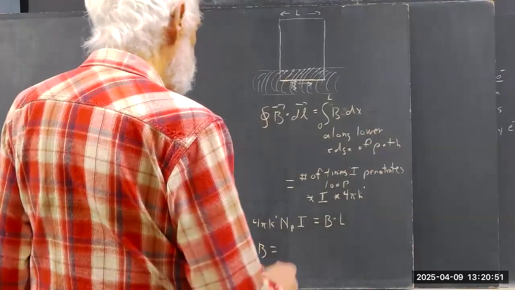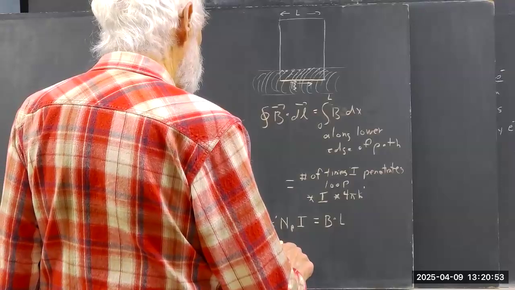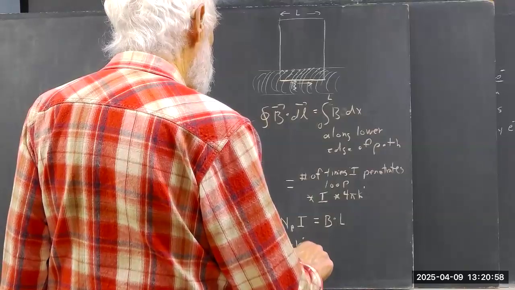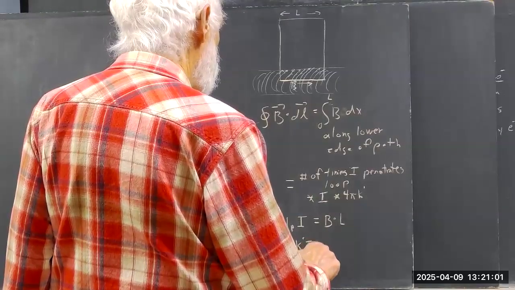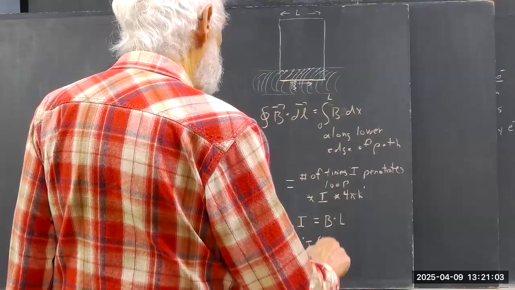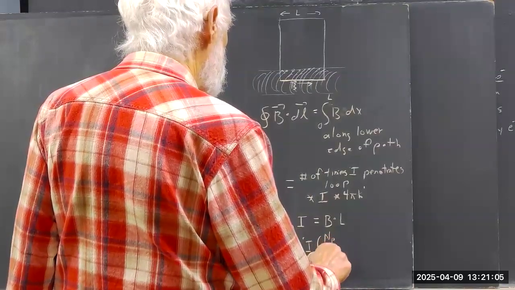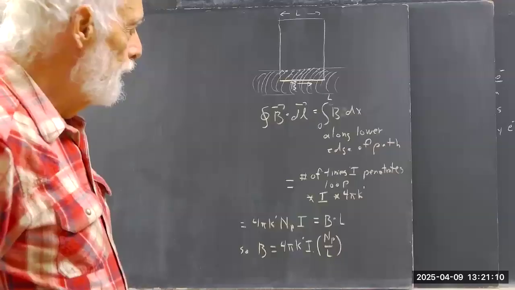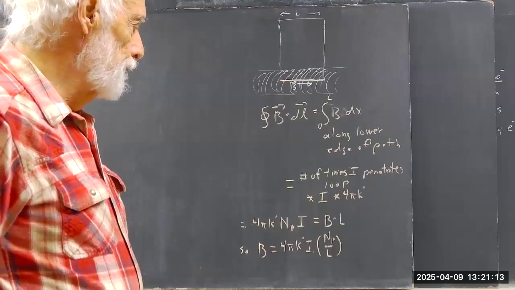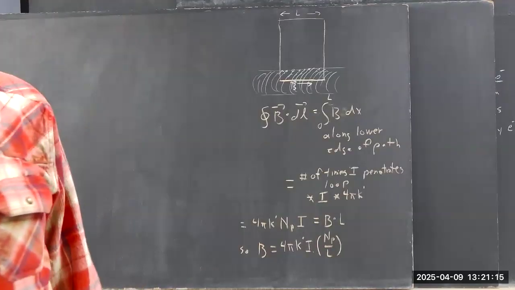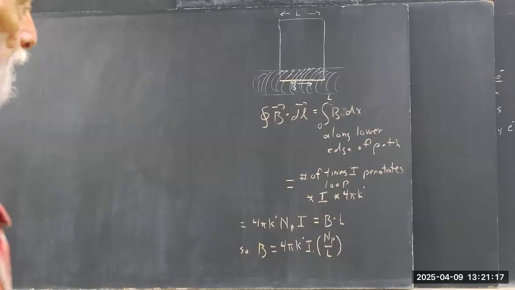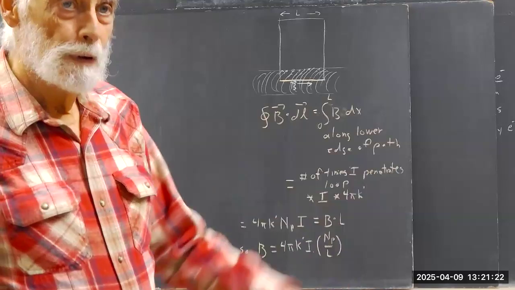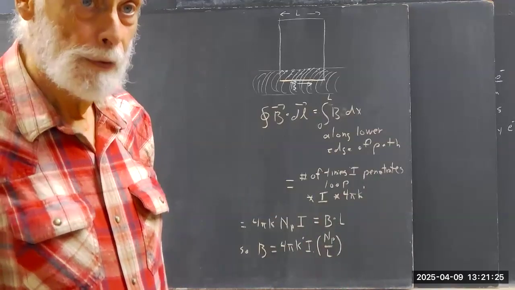So B equals four pi k prime I times the number of times this thing penetrates divided by the length. Well, this is the number of coils per unit length, right? Number of loops per unit length.